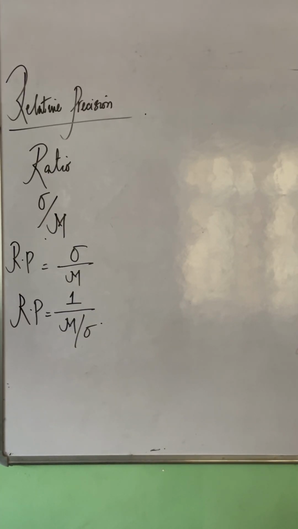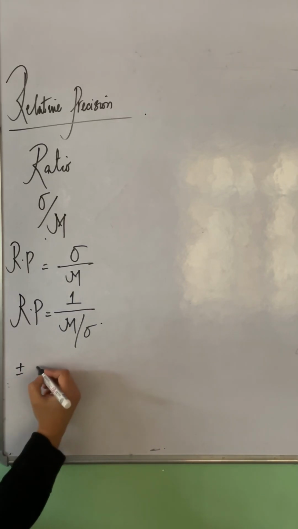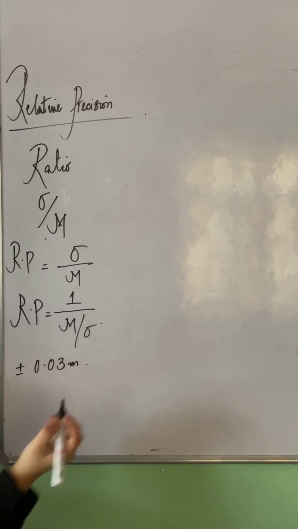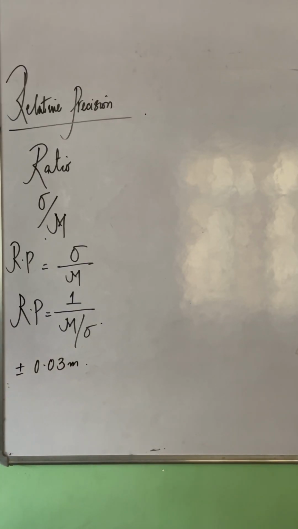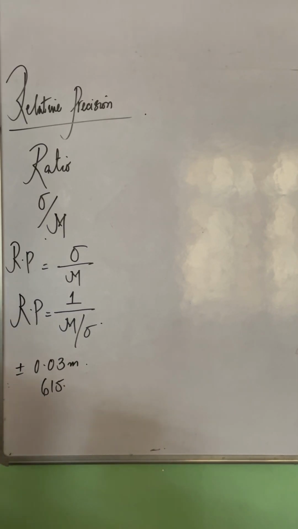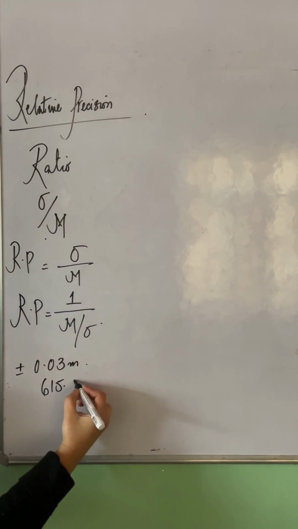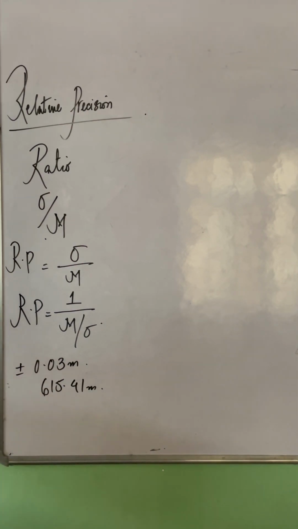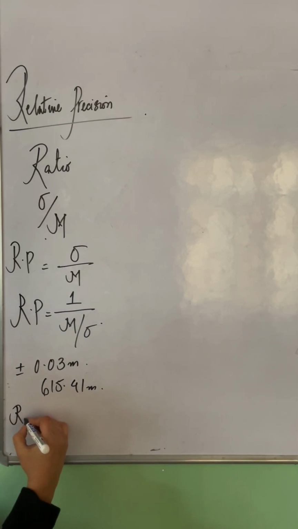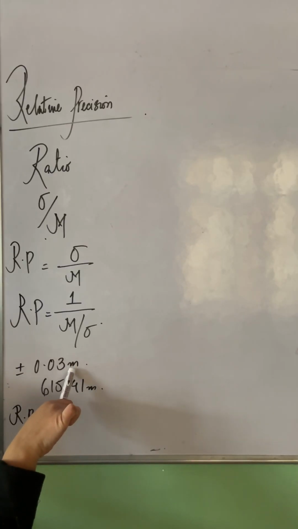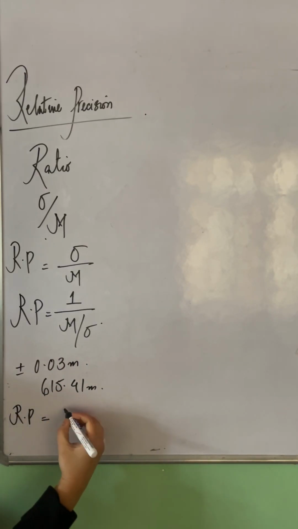If the standard deviation is plus minus 0.03 meters, and for the mean value of the length of the line, 615.41 meters, our relative precision will be a ratio between standard deviation and the mean value of the quantity.